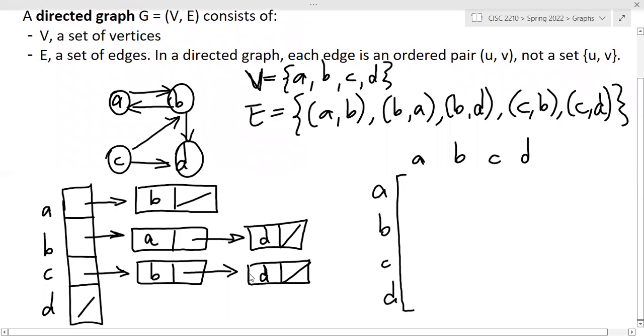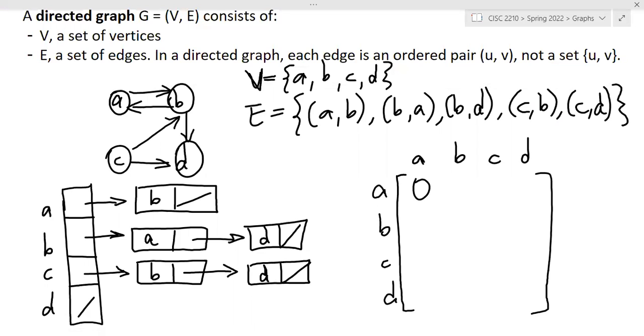And then for the adjacency matrix. A to A is nothing. A to B is yes, and the rest is 0. Now B to A is yes, so here again the order matters.